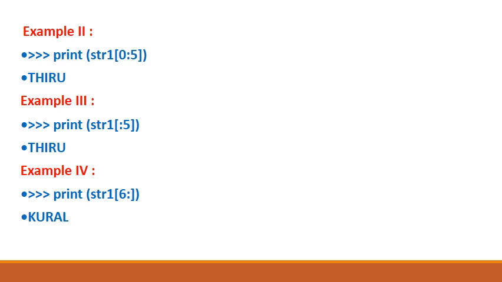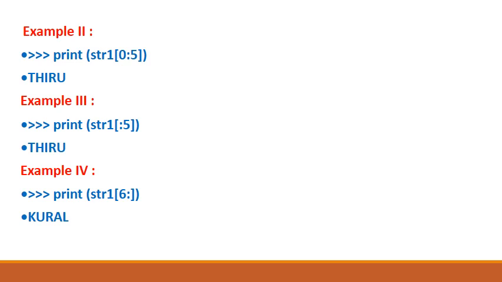Next, in example 3, we are slicing a substring using index 0 to 4 but without specifying the beginning index value. So by default, it will print from the index value 0. So we will get the output as Thiru, that is from the 0th position to the 4th position the characters will be displayed.